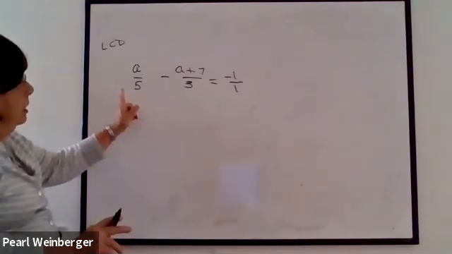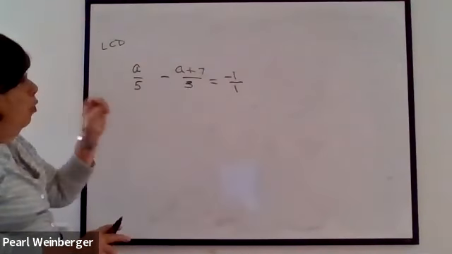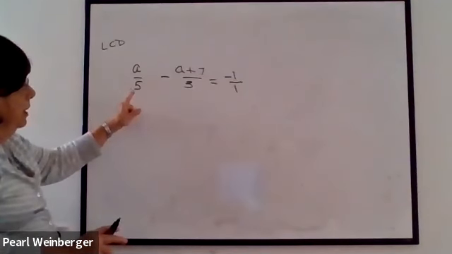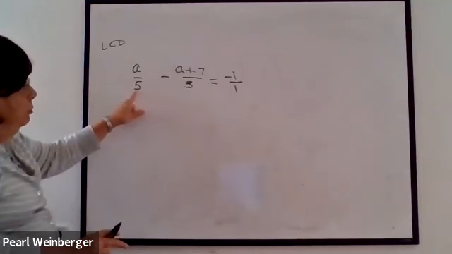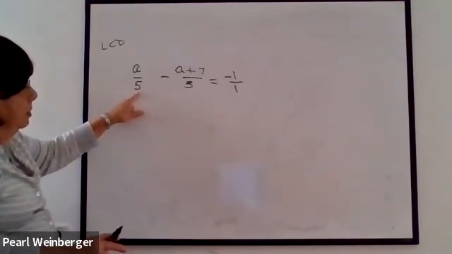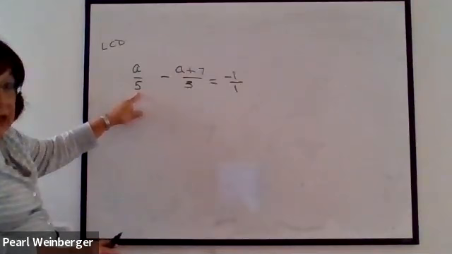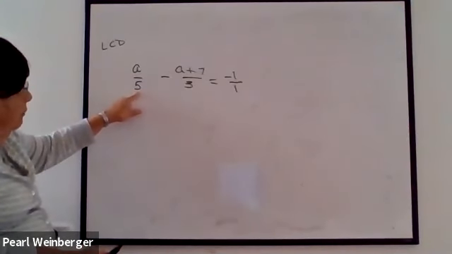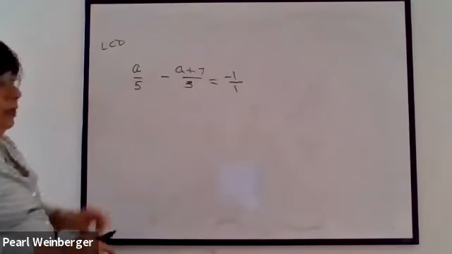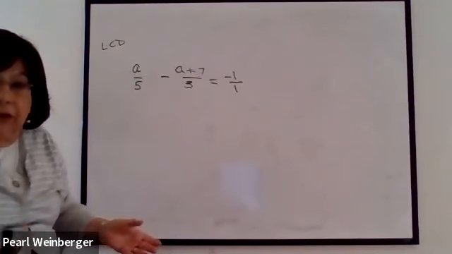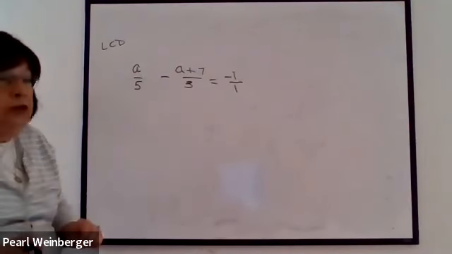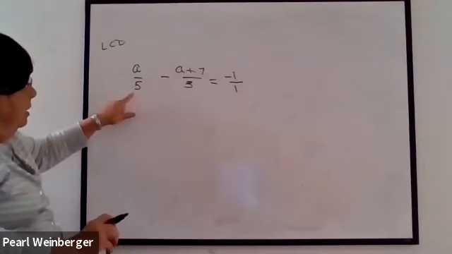Now, the common denominator is a number that all 3 of the numbers will go into evenly. I usually figure that out by picking the largest denominator, which in this case is 5. And I say, okay, can 5 be the LCD? Well, 3 doesn't divide evenly into 5, so it can't be the LCD, because the LCD is a number all of them go into evenly.